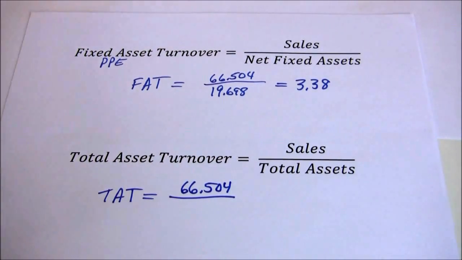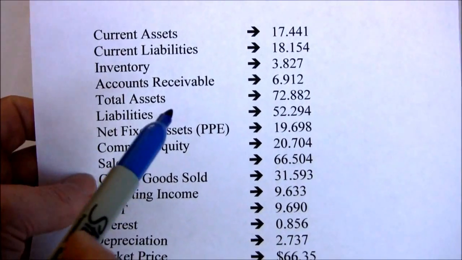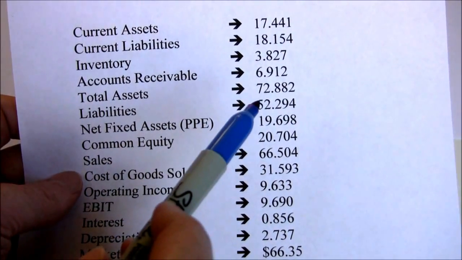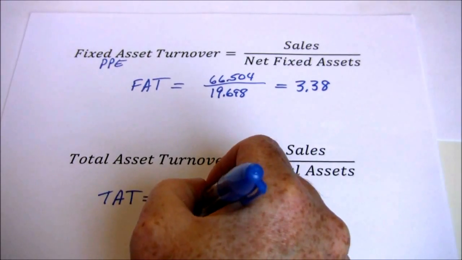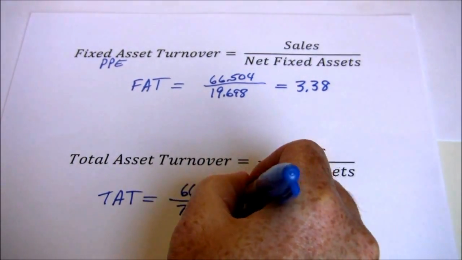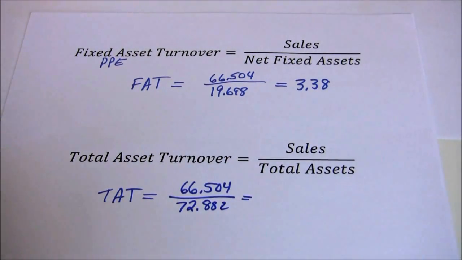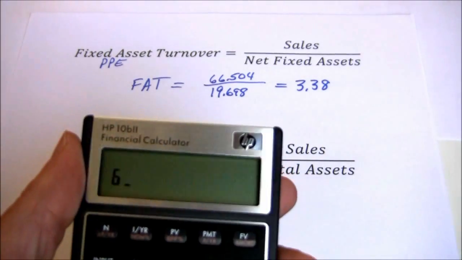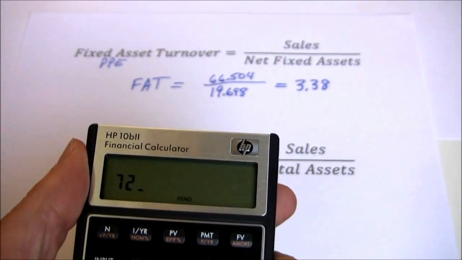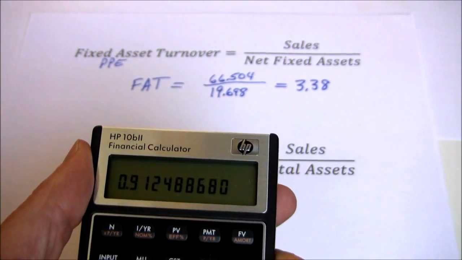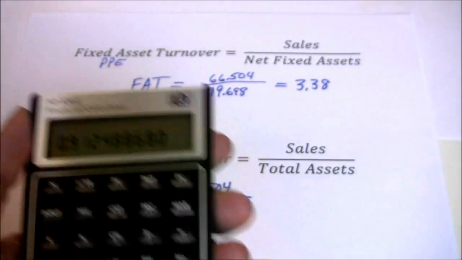Now we need our total assets. Total assets come from the balance sheet, 72.882 billion. Gives Pepsi a total asset turnover of 0.91.